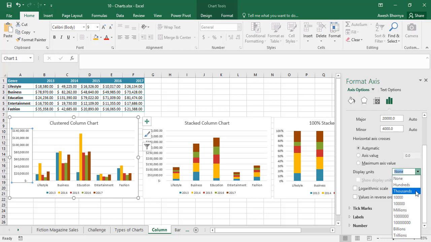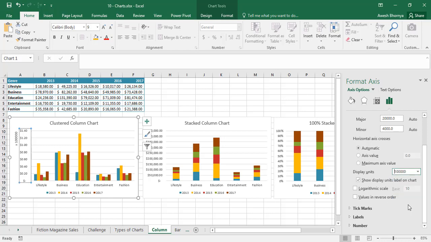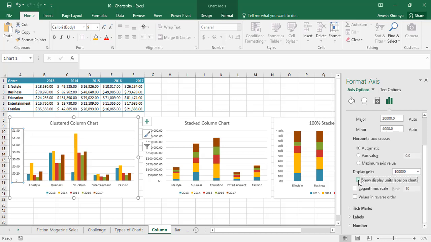So you can change these display units to maybe 10,000s. If I change it to 10,000, this value automatically changes to 10,000. Now I can uncheck show display units label on chart, because I know my data clearly shows that the data is in 10,000s.